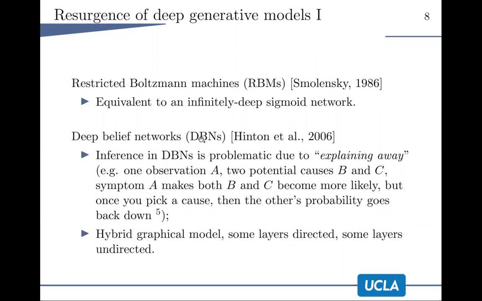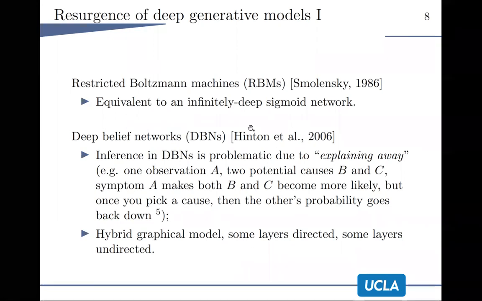This is a belief network in a deep learning framework, and it is a hybrid graphical model: some layers are directed and some layers are undirected. And this link is also clickable.